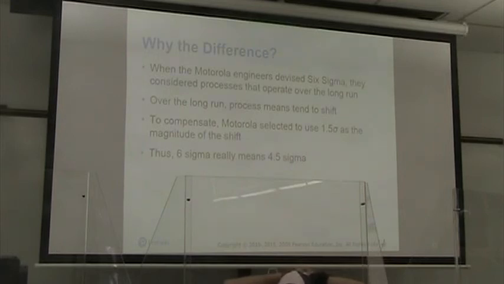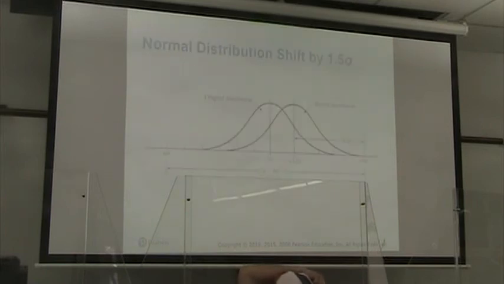Over that long run, our process mean will shift. So to compensate, Motorola decided to use 1.5 standard deviations as the magnitude of the shift. So 6 sigma is really 4.5 sigmas.